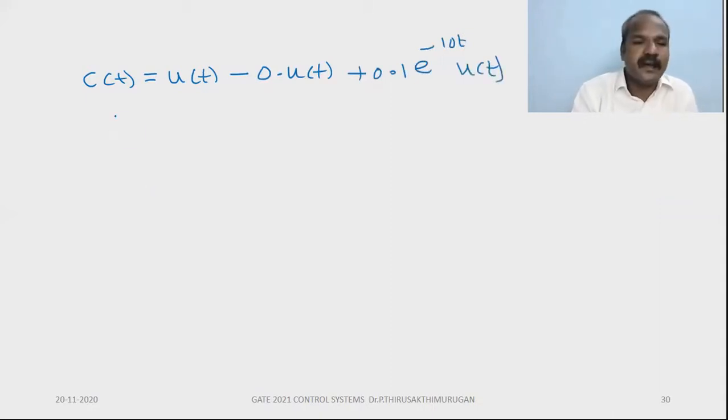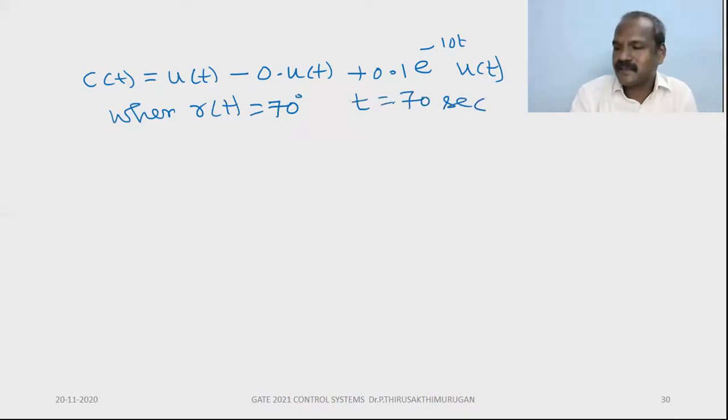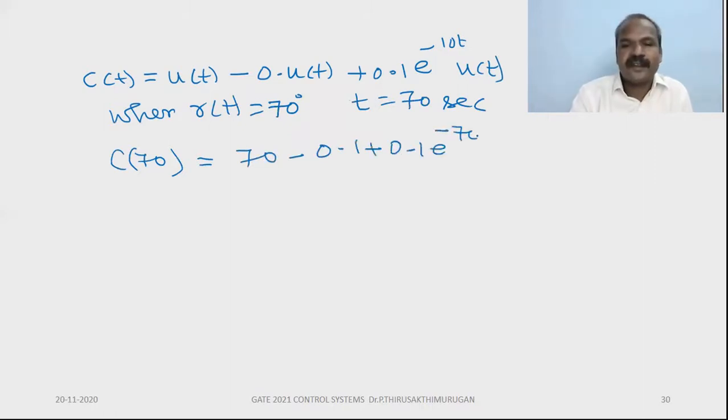When the reading is 70 degrees Celsius, t equal to 70 seconds. So c(70) equal to 70 degrees minus 0.1 plus 0.1 e power minus 700.